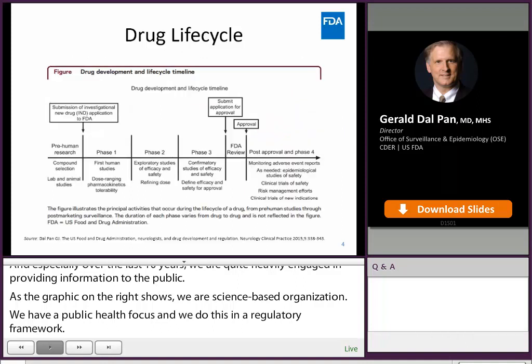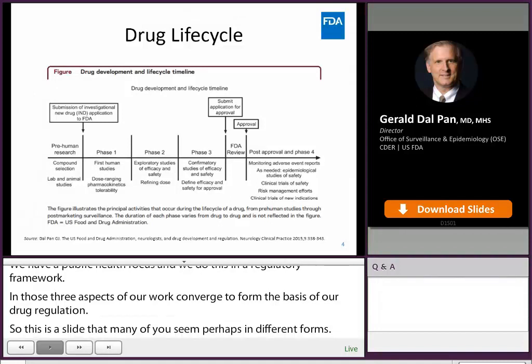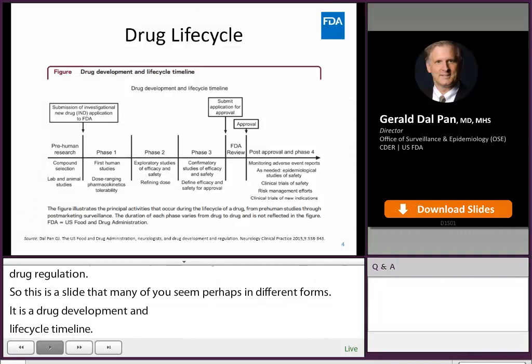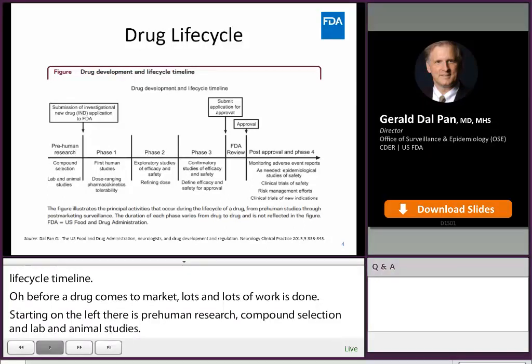So this is a slide that many of you have seen perhaps in different forms. It's a drug development and life cycle timeline. So before a drug comes to market, lots and lots of work is done. Starting on the left, there's pre-human research, compound selection, and lab and animal studies. Phase 1 sees the first human studies involved in dose ranging, pharmacokinetics, and tolerability.